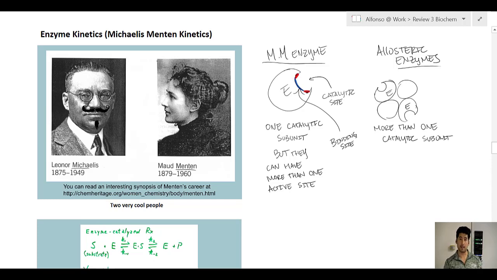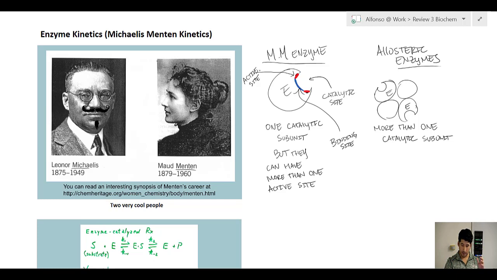So the binding site is the site of the enzyme which actually recognizes the molecule, and the catalytic site is the active site, which is this part right here. The active site. That's the site that actually catalyzes the reaction.